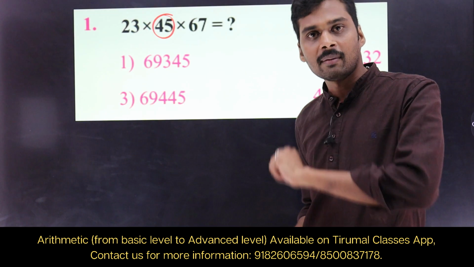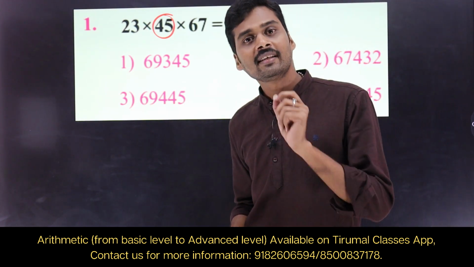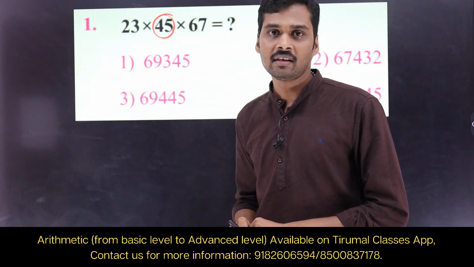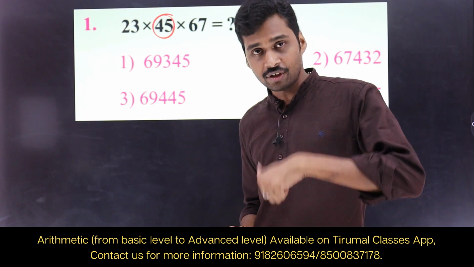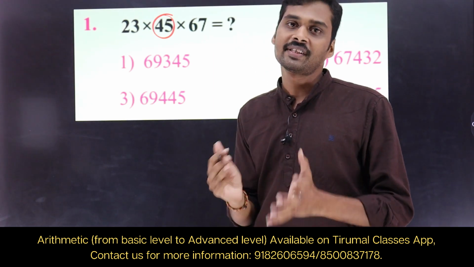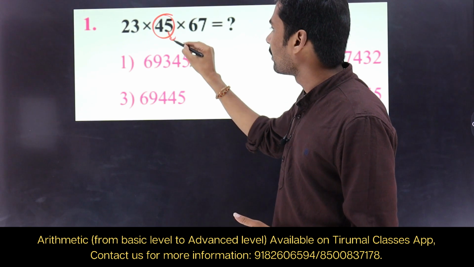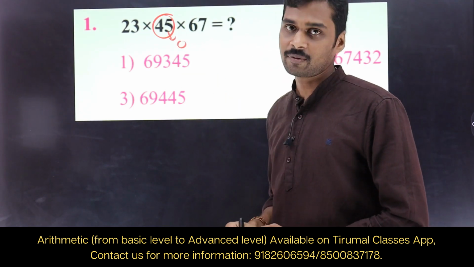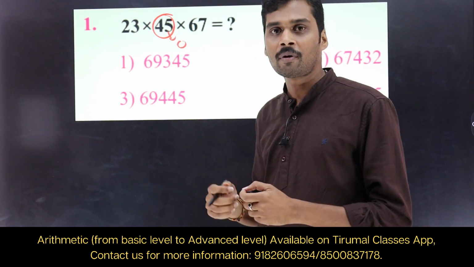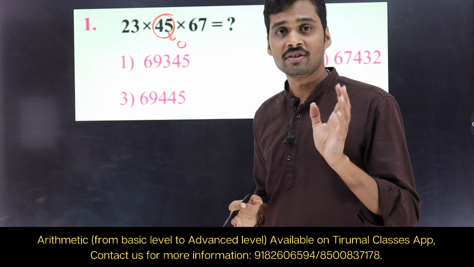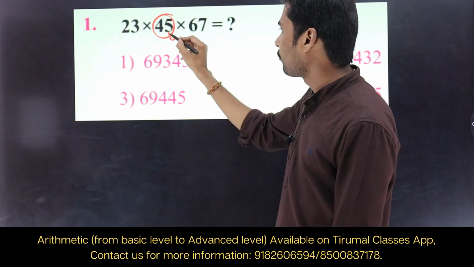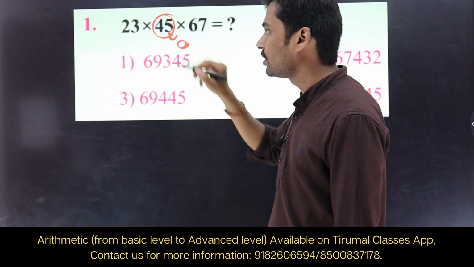By the way, first observe the numbers 23, 45 and 67. If you take the middle number 45, what is the digit sum of 45? 4 plus 5 is 9. I already mentioned that 0 or 9 are both the same. Can I take it as 0? Yes, because when you are doing problems on the DS concept, 0 or 9 are both the same.